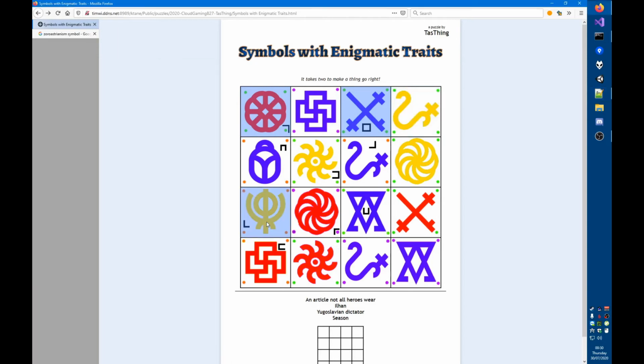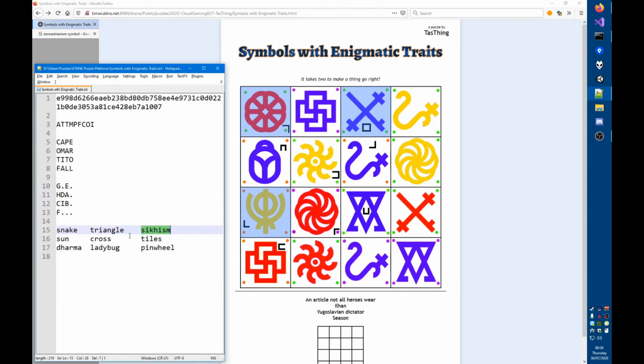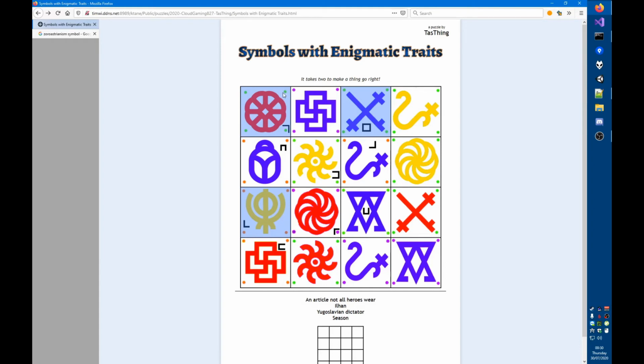If I do this one instead, then the symbols are now fine because they form this diagonal here, but the dots in the corners do not. Okay, so let's go through the entire grid and make sure that we find all of the sets.